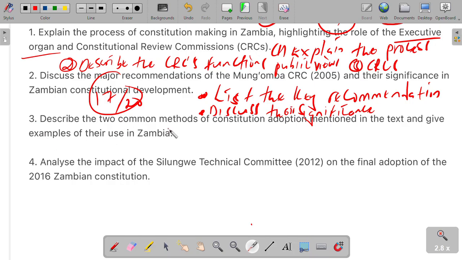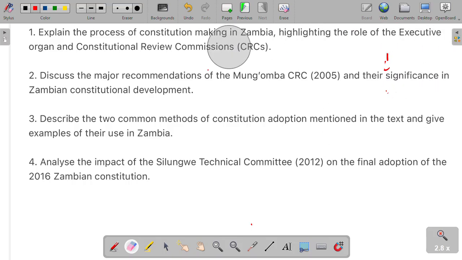Number 3. Describe the 2 common methods of constitutional adoption mentioned in the text. Give examples of their use in Zambia.